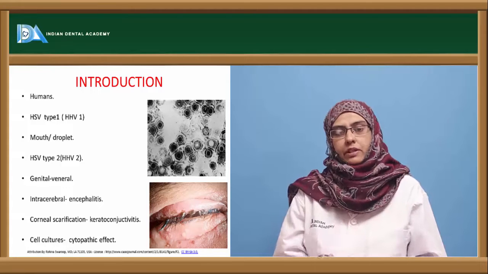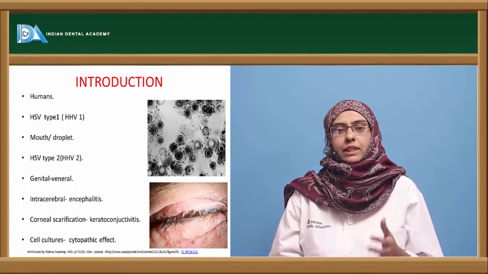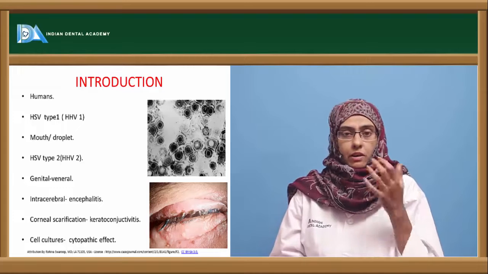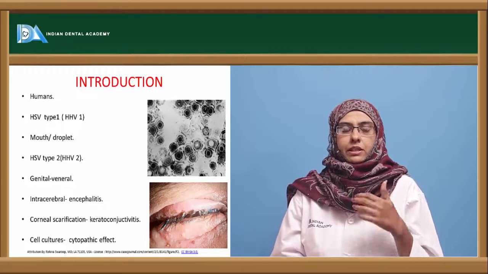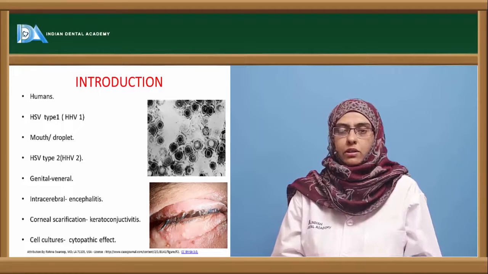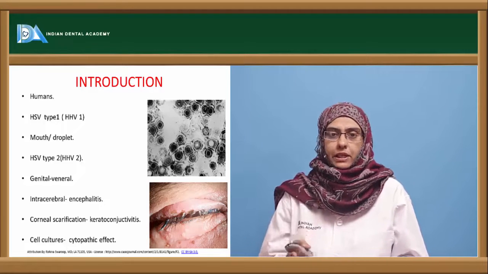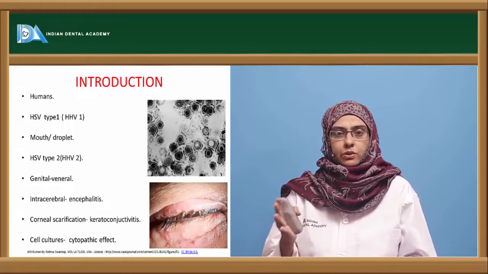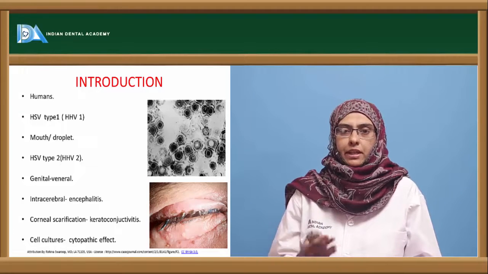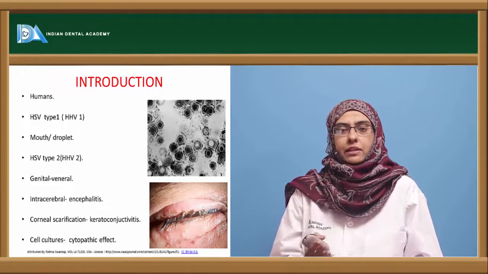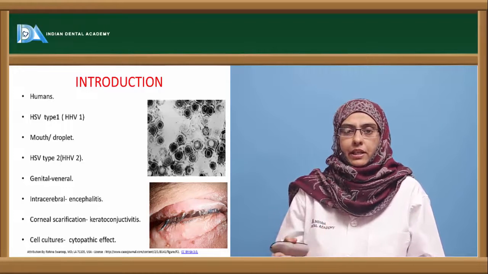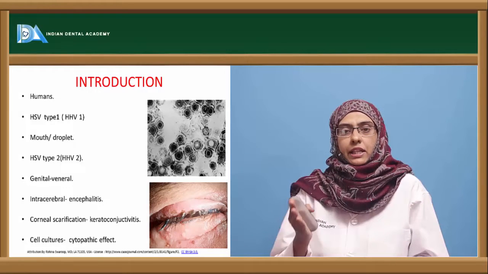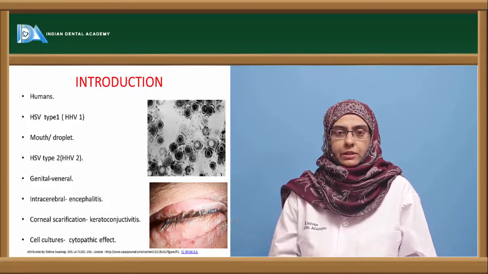Herpes simplex virus 1 is the one that is able to cause lesions in and around the mouth, and it is usually transmitted via direct contact or through droplets, whereas herpes simplex virus 2 is usually transmitted via the genitals, mostly due to venereal transmission.